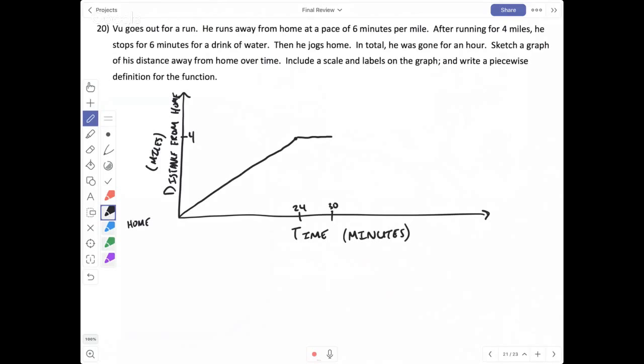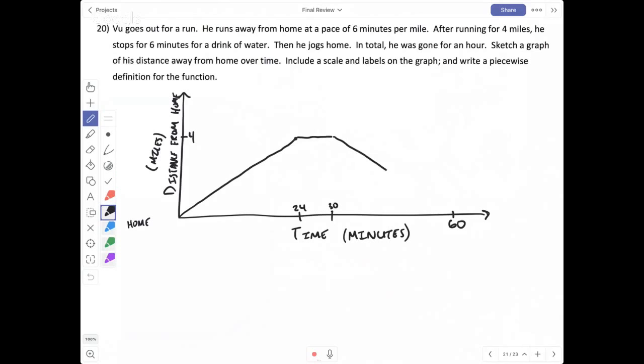And yes, Vu did zoom away from home. Sorry, Vu. And then lastly, he jogs home. He's relaxed. The 4 mile jog home takes him another 30 minutes, because he was gone in total for an hour, 60 minutes.